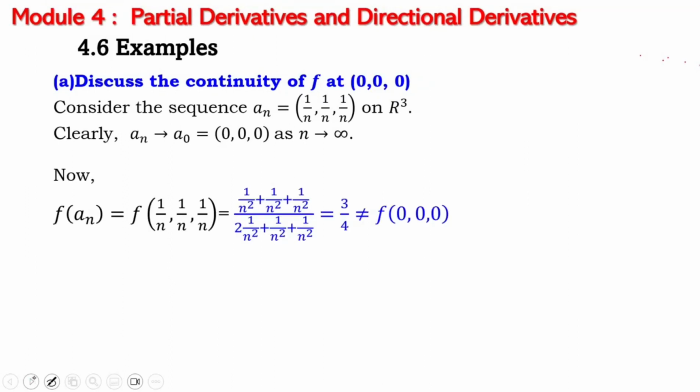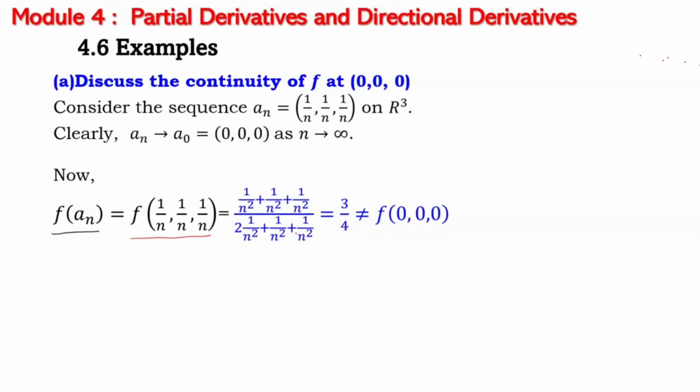Now we are checking where f(a_n) is going. Will f(a_n) go to f(a_0) or not? So f(a_n) is equivalent to f(1/n, 1/n, 1/n). Now from the given function, we have this expression.